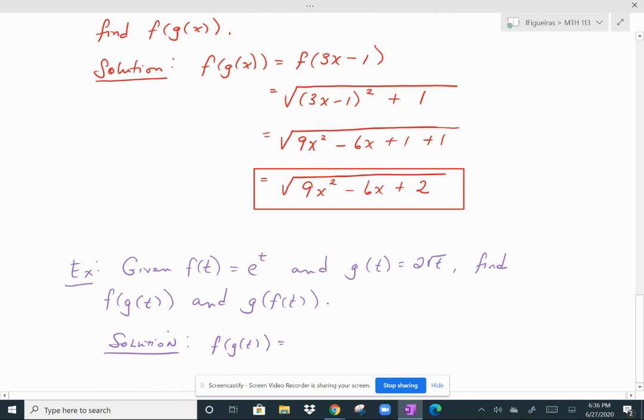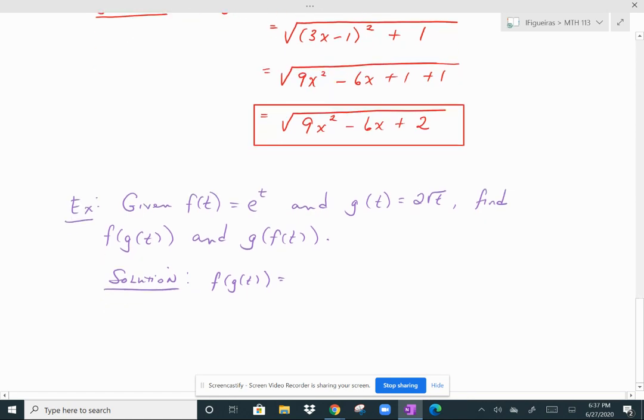Let's do another one with e since we talked about it before. We have f of t equal to e to the t and g of t equal to 2 root t. And we're going to find two different composites, f of g of t and g of f of t. Remember, the inner function is what gets plugged into the outer function. So for f of g of t, you're going to plug in 2 root t into f of t. And so 2 root t is going to replace your variable here.